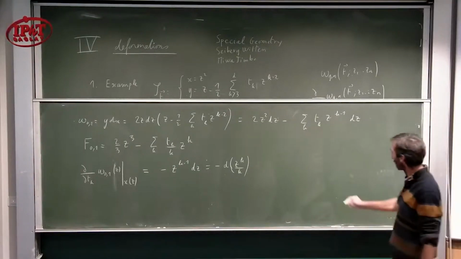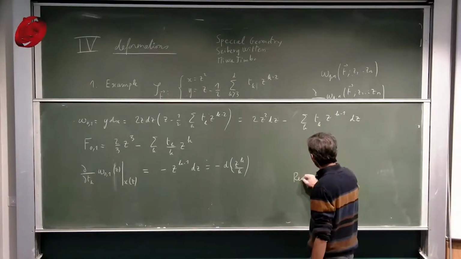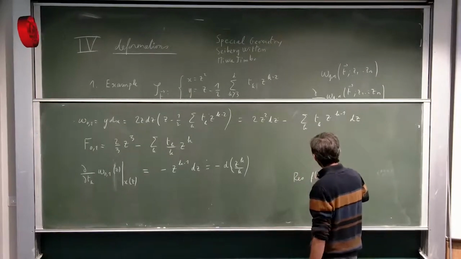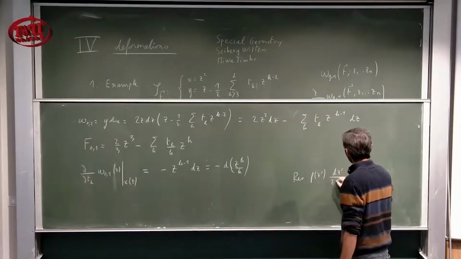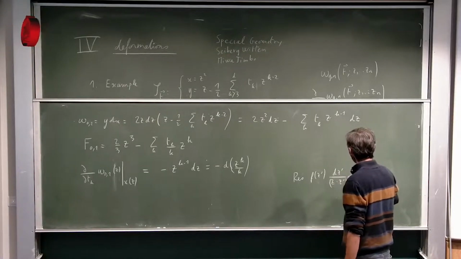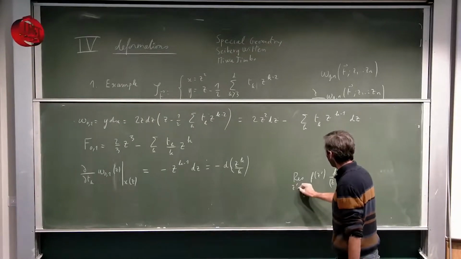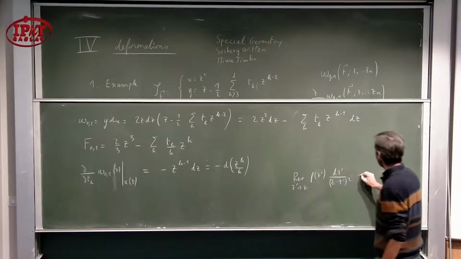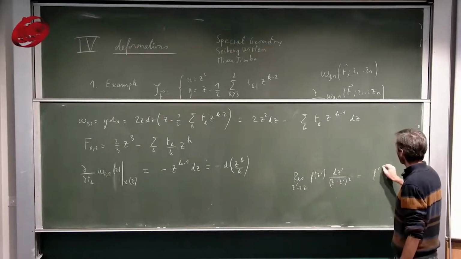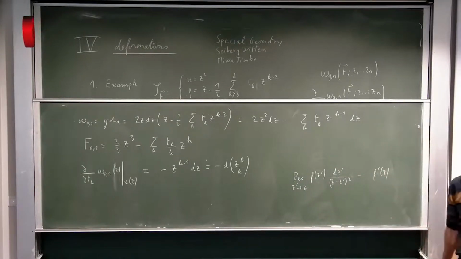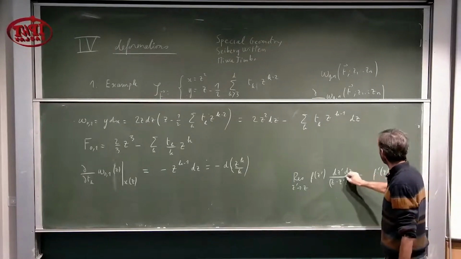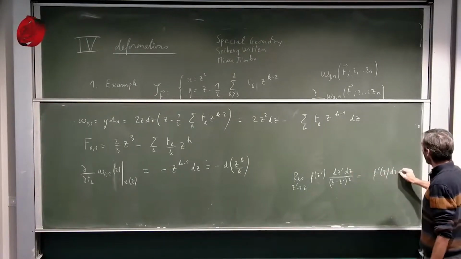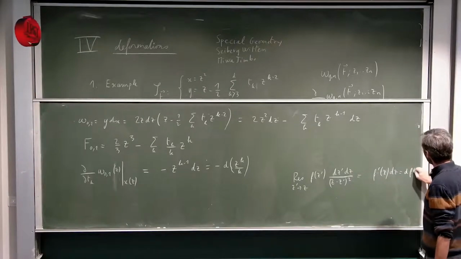It's a general property that the residue of f(z') dz' over (z minus z') squared, when z' goes to z, is equal to f'(z). Of course, if you multiply by dz, you get the same thing as df(z).